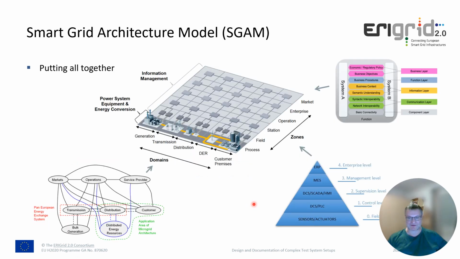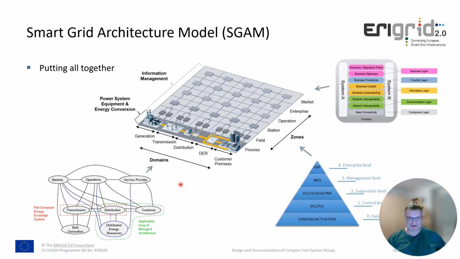And if we put everything together, so the NIST, or the European extension of the NIST framework, the automation pyramid, and the GridWise architecture stack, then we're coming to the so-called smart grid architecture model. Here on the bottom, we show only the component layer according to this simplified GridWise architecture interoperability layers.